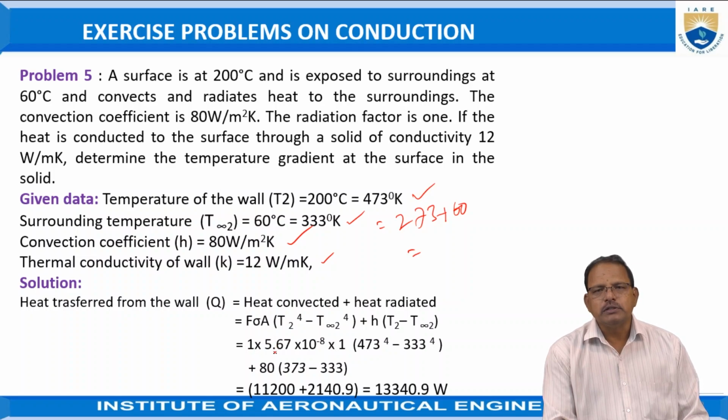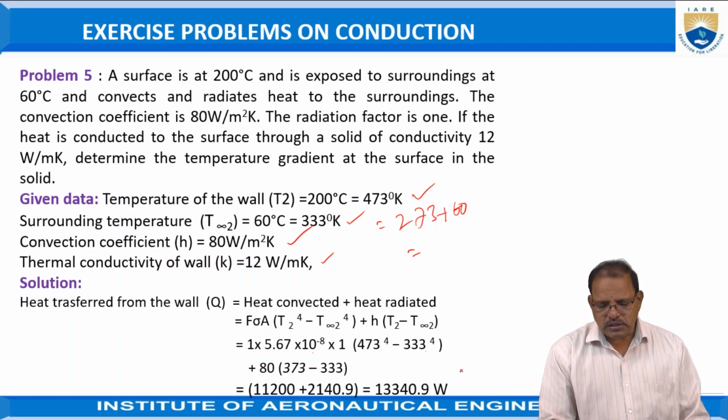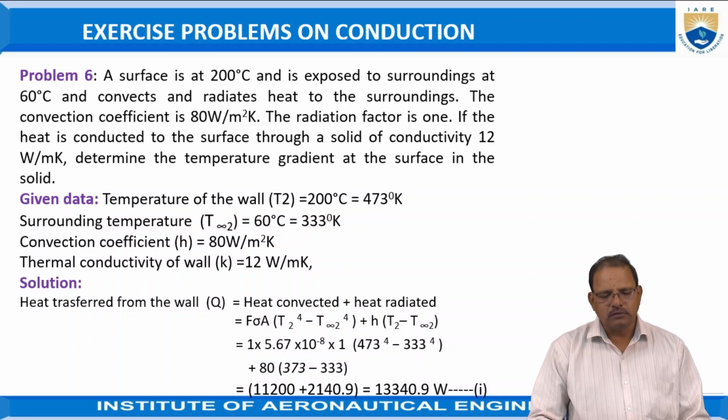Sigma is equal to Stefan Boltzmann constant, which is equal to 5.67 into 10 to the power minus 7. T2 is equal to here temperature is given 473 to the power 4 minus 333 to the power 4 now. On solving this problem, we got 80 into 373 minus 333. Finally, we got this value is equal to 13,340.9 watts.